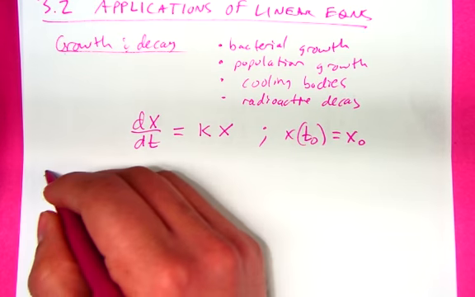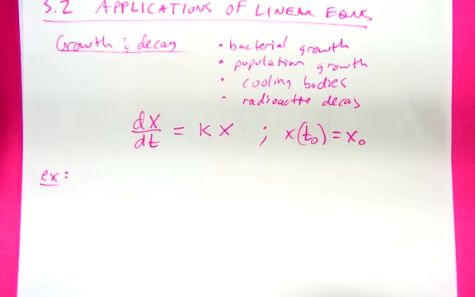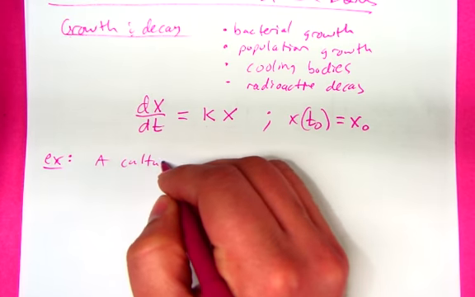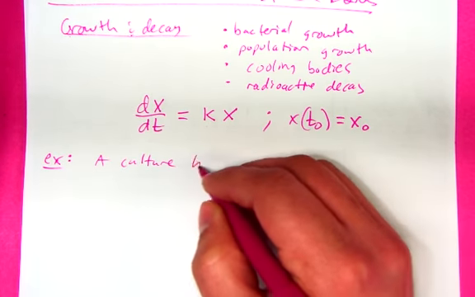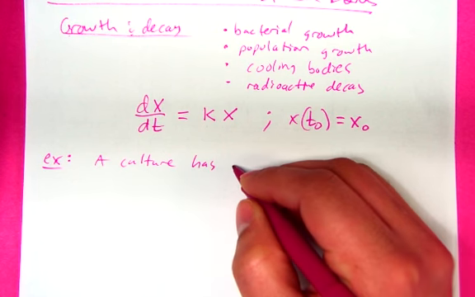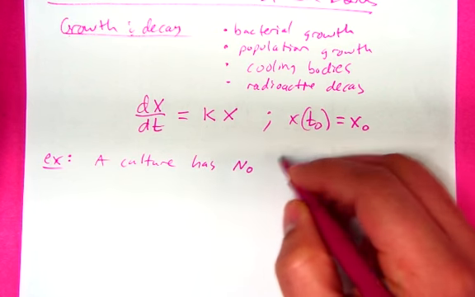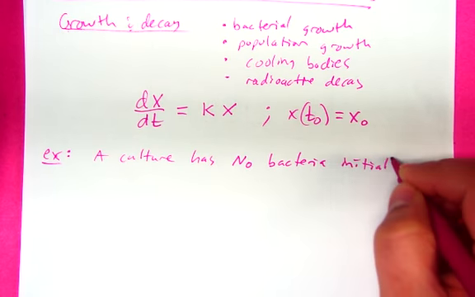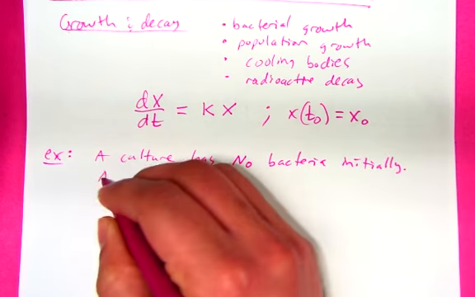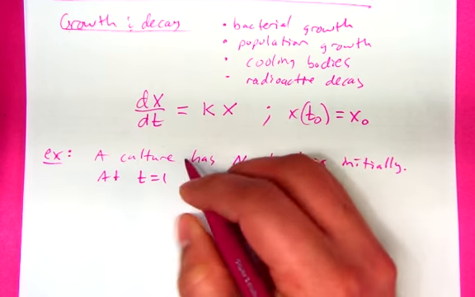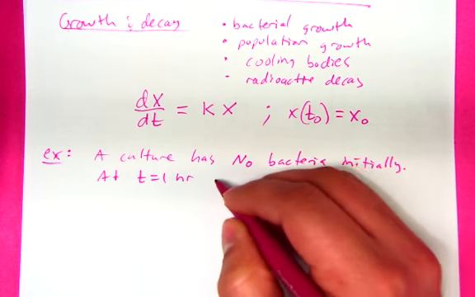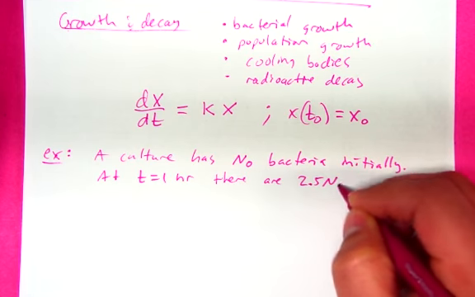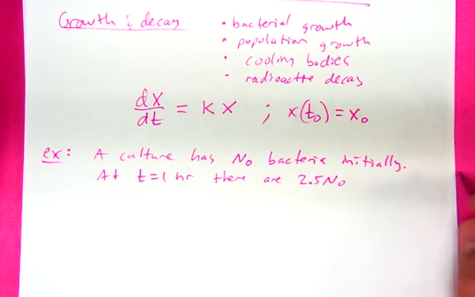Here is an example. Let's say we have a culture that has N naught bacteria initially. At t equals 1 hour, they are 2.5 times as many, so 2.5 N naught bacteria.